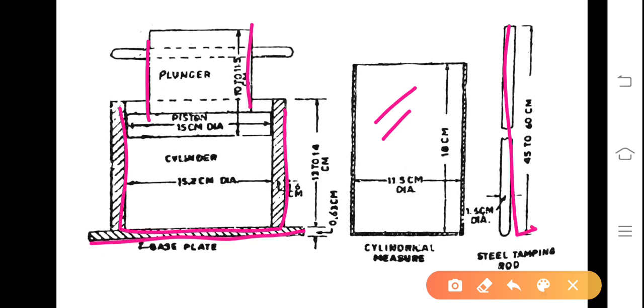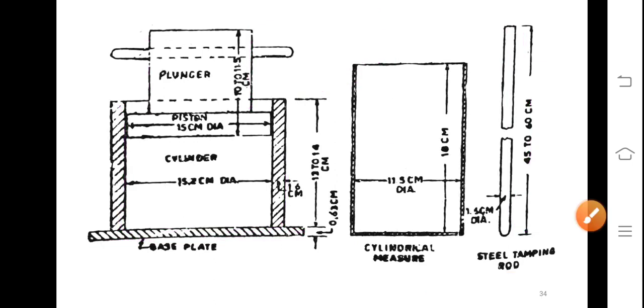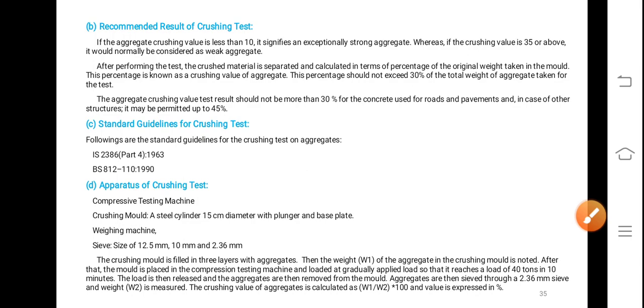This is the tamping rod. So when you are putting the aggregate in the mold, after it is taken from a measuring cylinder, you have to tamp it using a tamping rod, 1 centimeter diameter, 30 to 40 centimeter length of rod, you have to close the particles in order to reduce as much voids as we can, so that it takes load very effectively when it is subjected for compressive loading under UTM, universal testing machine.